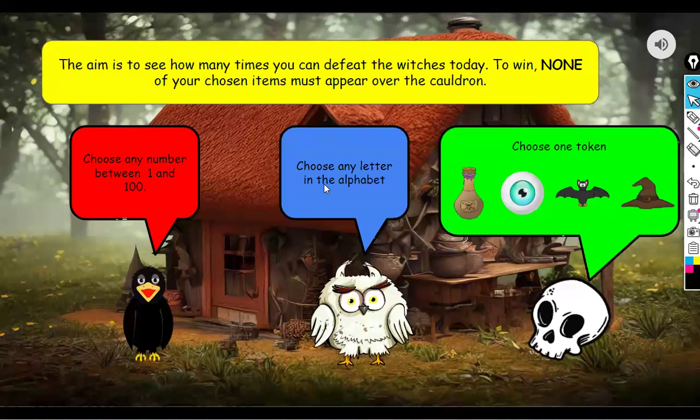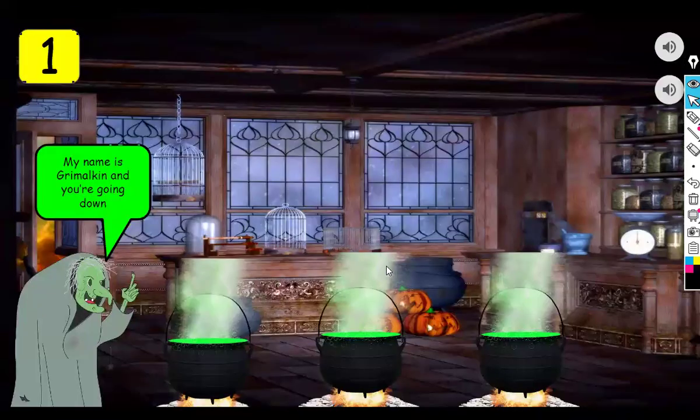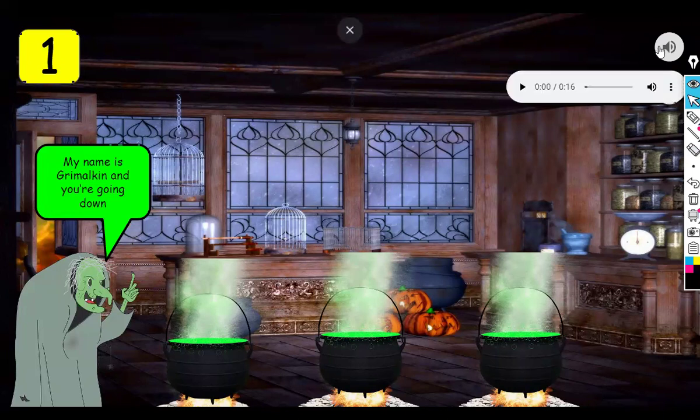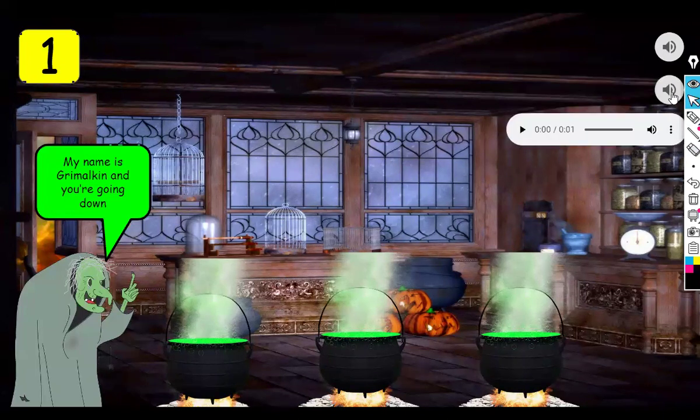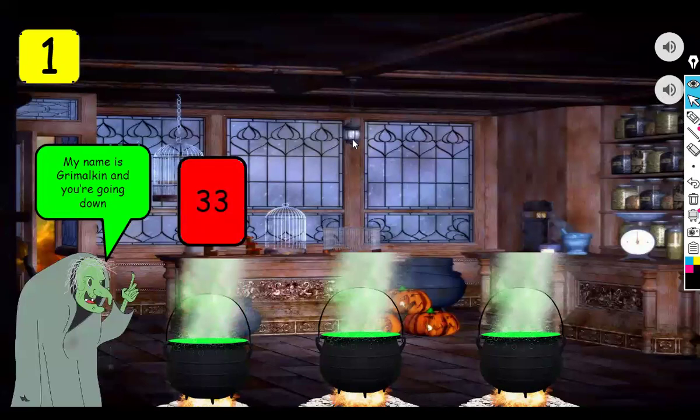Lucky. Right? Like I said, the game will get harder and harder. So this witch's name is Grimalkin. If anybody knows who Grimalkin is, we read the same books. All right. So let's see what's going on here. The first cauldron is 33. Was anybody unlucky enough to choose 33 between 1 and 100?